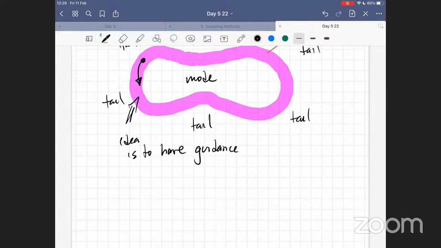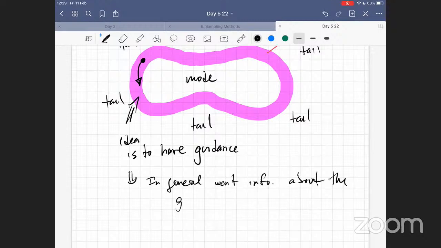Okay, so how do you do this? In general, you may want information about the geometry of the typical set, right?